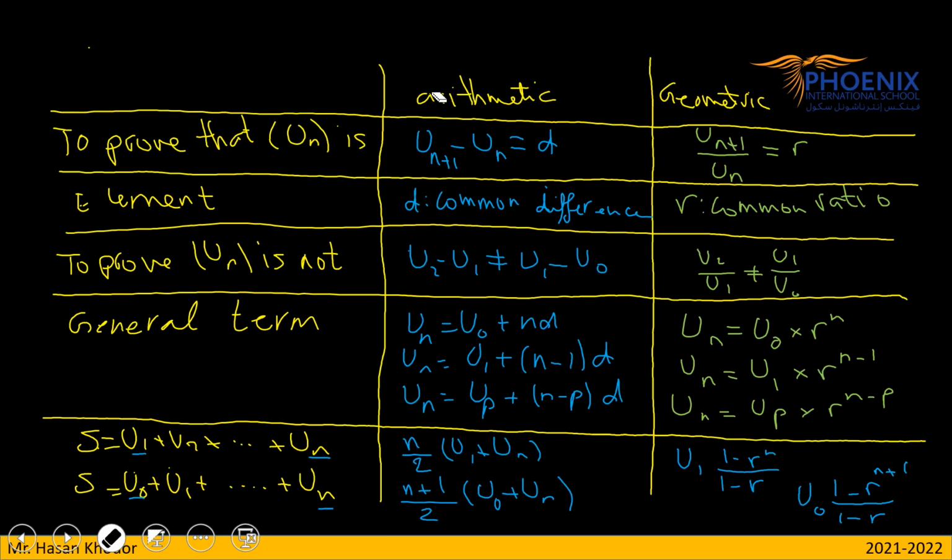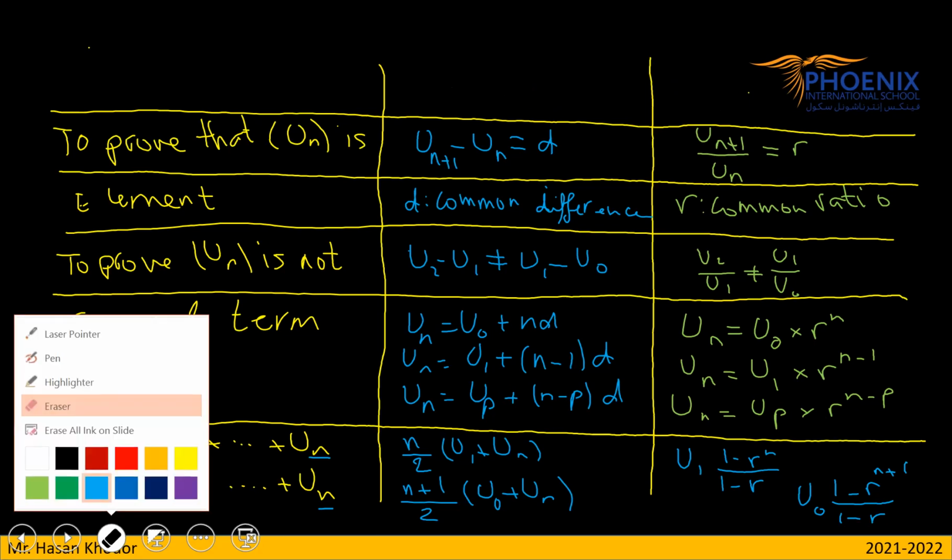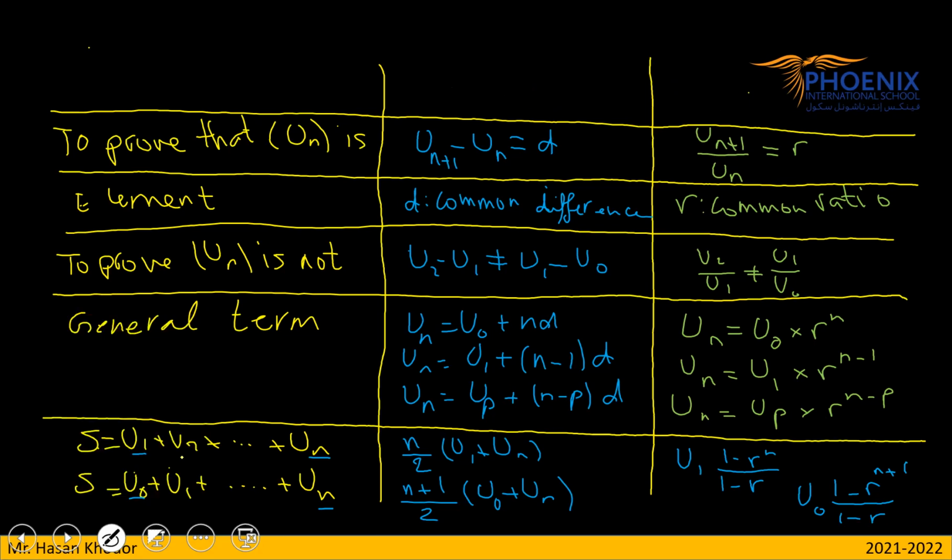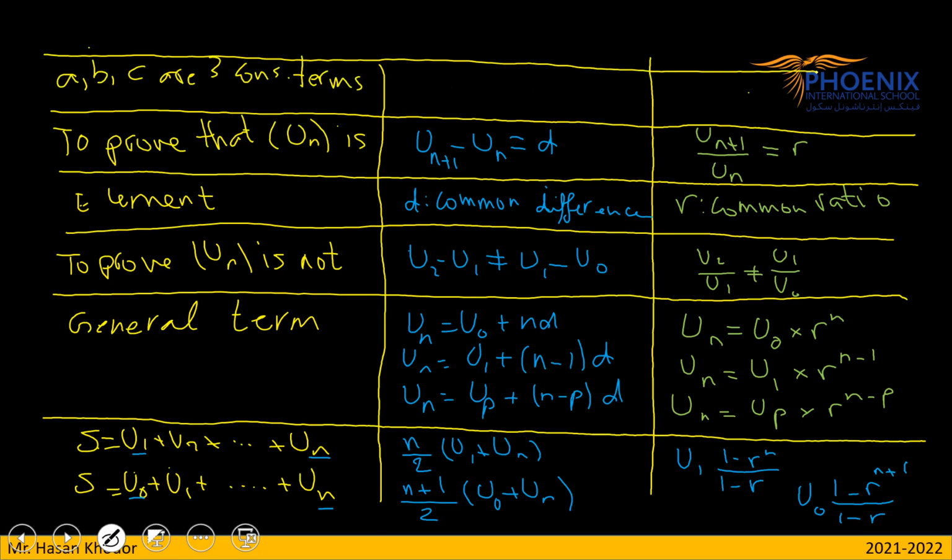Now, there is an important property concerning the arithmetic and the geometric sequence, which indicates that if A, B, C are three consecutive terms of an arithmetic sequence, then we can easily say that the middle term is the midpoint of the ending terms.